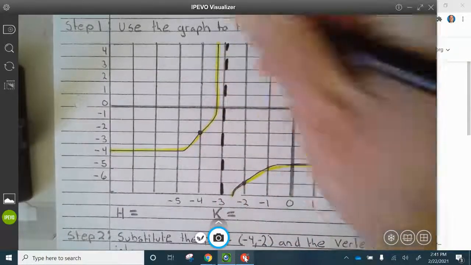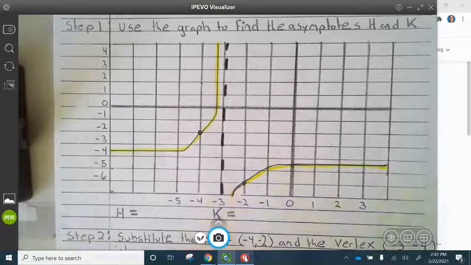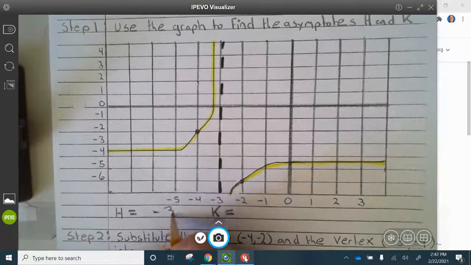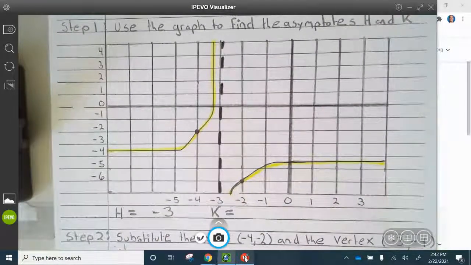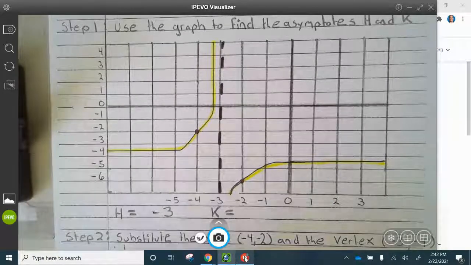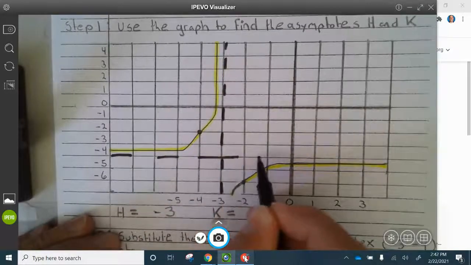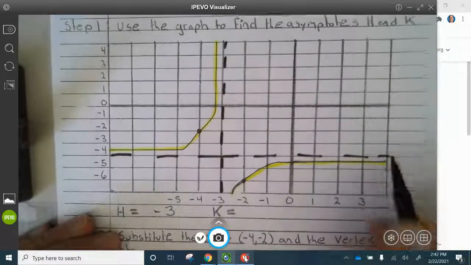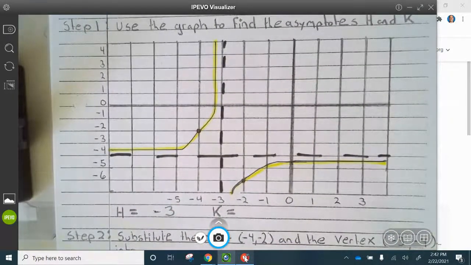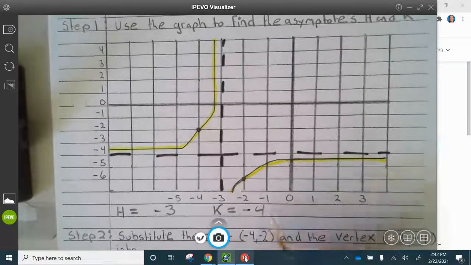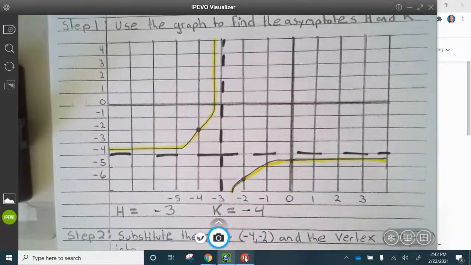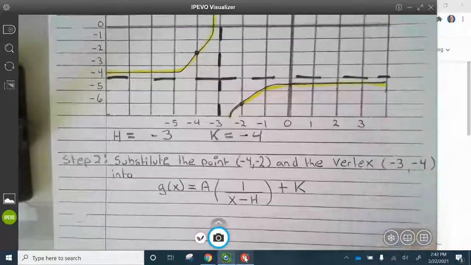All right, substitute the points -4, -2 and the vertex -3, -4 into g of x equals a parentheses 1 divided by x minus h plus k. Now this is x, this is y, but y equals g of x. So that's -2 equals, we don't know a, parentheses 1 divided by x, which is -4, minus h, this is h, this is k, minus a -3 minus 4.